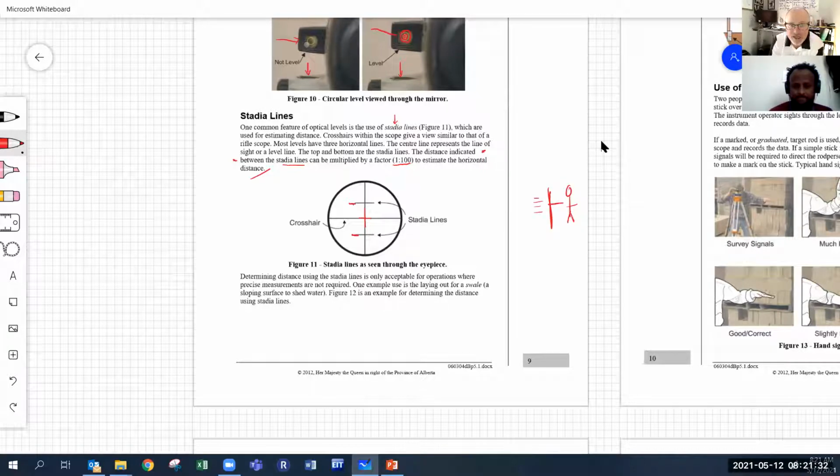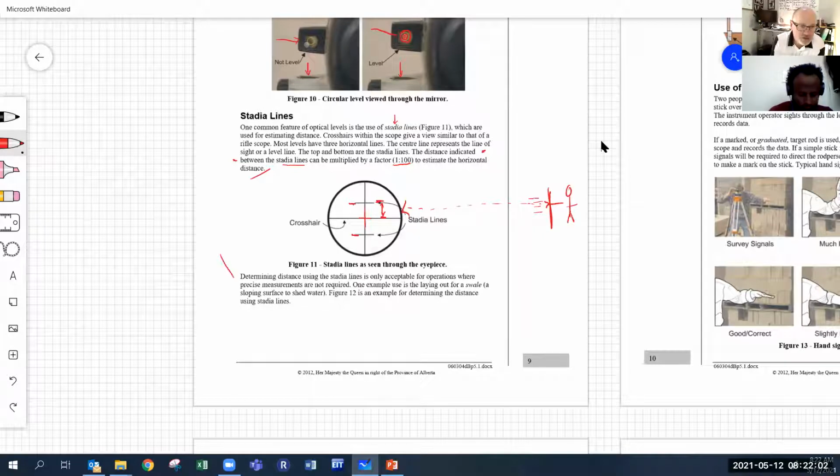In between, you can estimate that's a 1 to 100 difference, and you can estimate how far it is from there to you. It's an estimation. It's not exactly accurate, but you can see that when we get to shop class.